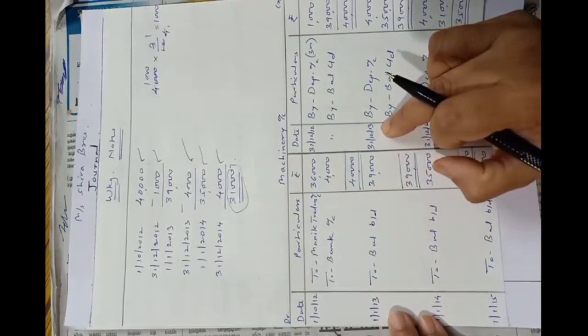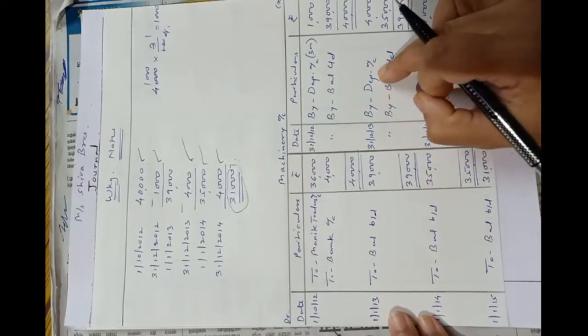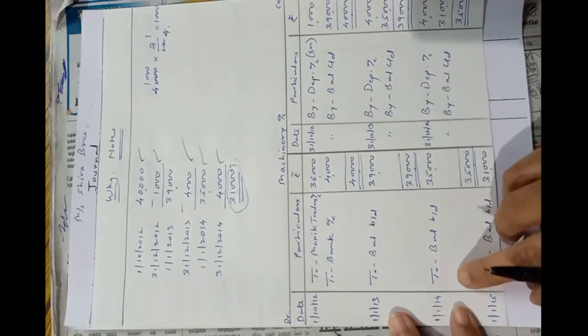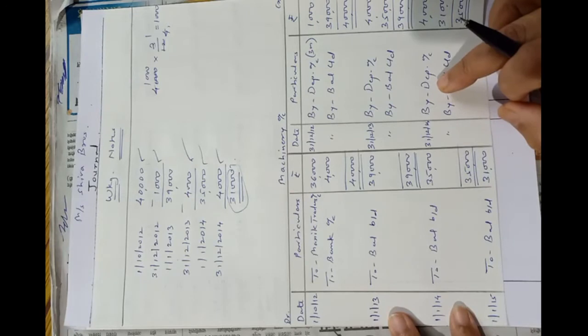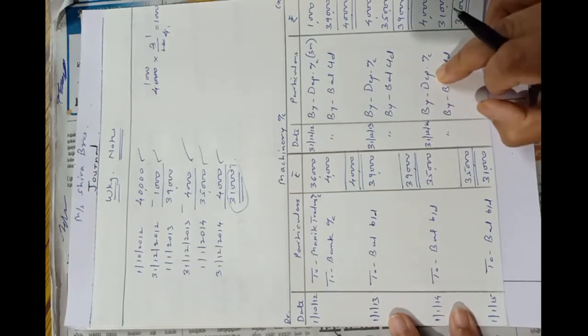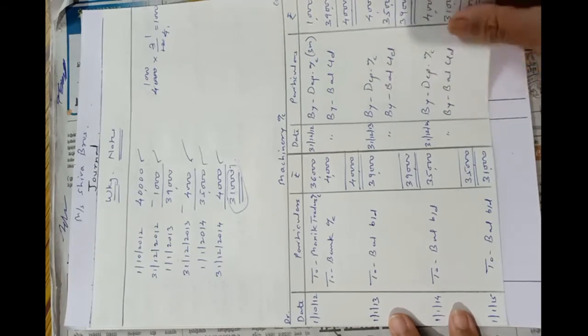directly we have to pass the entry of depreciation and then transferring this depreciation to profit and loss account, and then we have to pass the entry again on 31st December 2014 for charging depreciation and transferring this amount to profit and loss account.